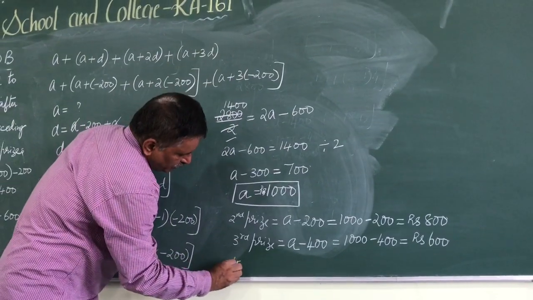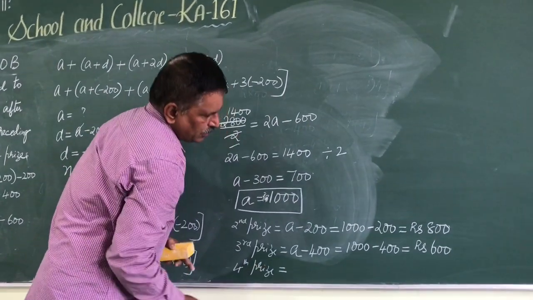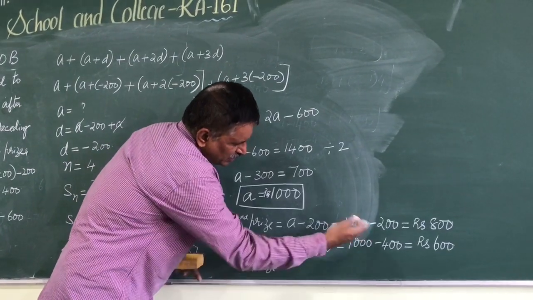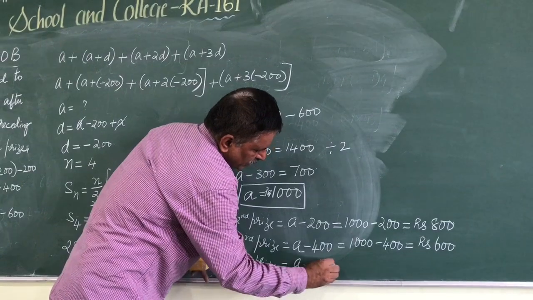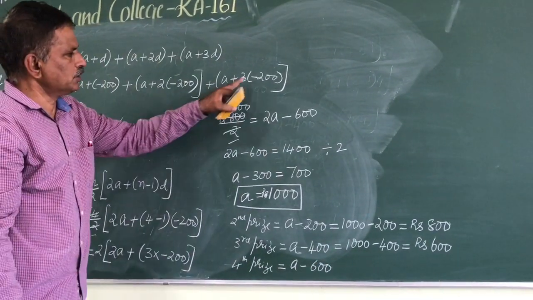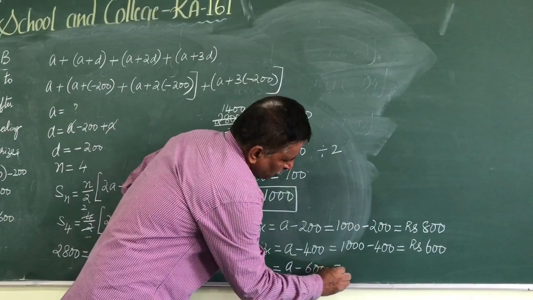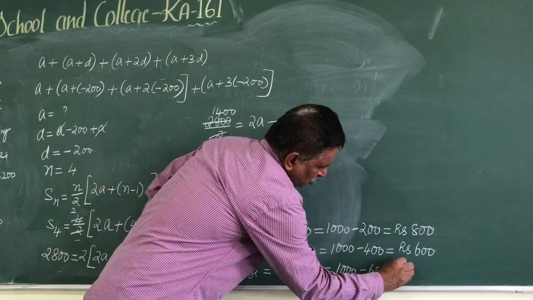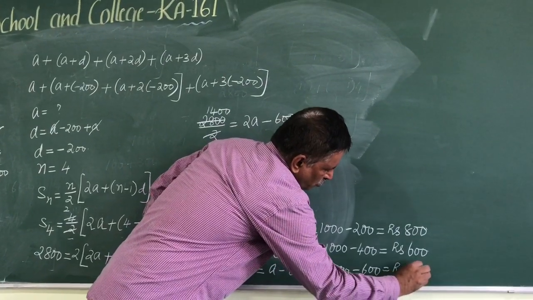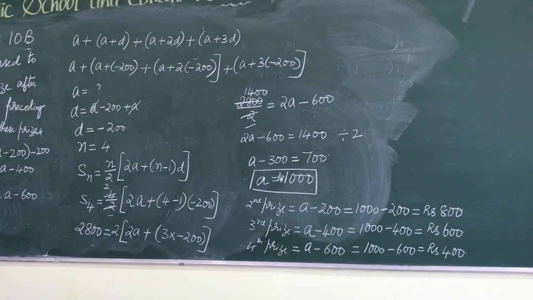Then fourth price, I can write 600 minus 200, or I can write A minus 600, because plus into minus, 3 into 200 is 600, which is equal to 1000 minus 600, which is equal to rupees 400. Okay, this is the actual method.